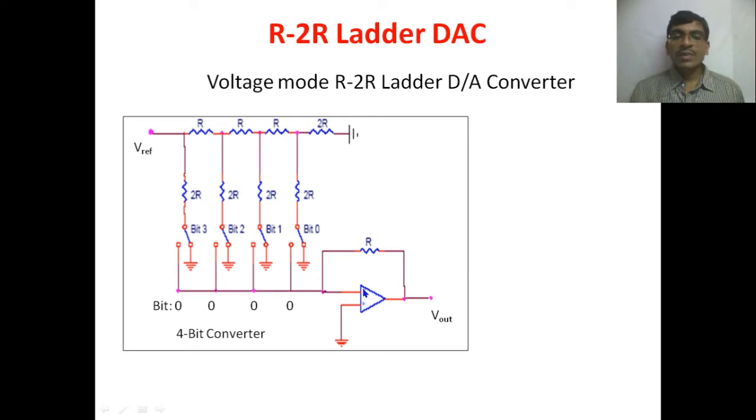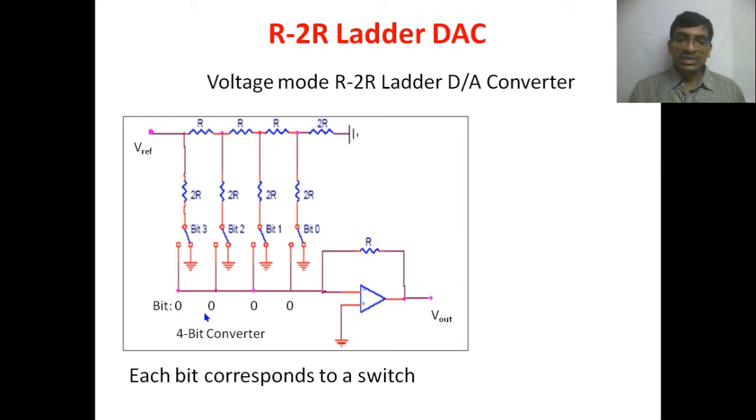So the minus terminal is given to this line, and the non-inverting terminal is given to the ground terminal, and the output voltage is taken across the 6th pin of our op amp. Each bit corresponds to a switch. If the bit is equal to 1, the switch will close, otherwise the switch will open.